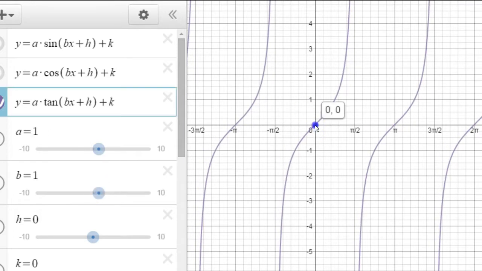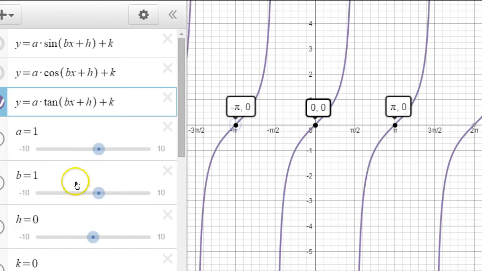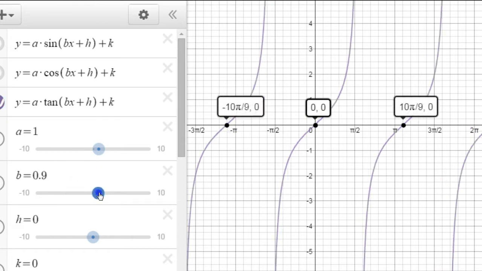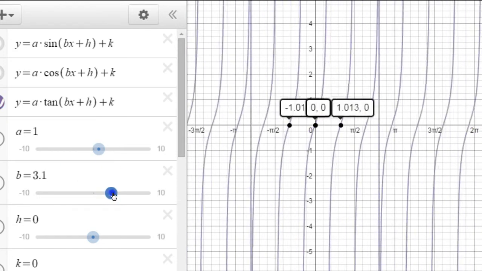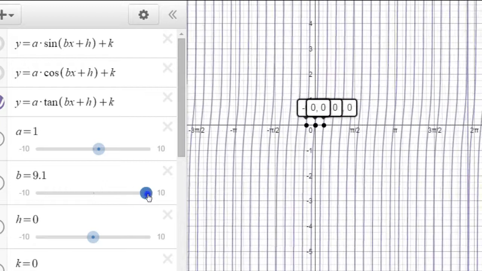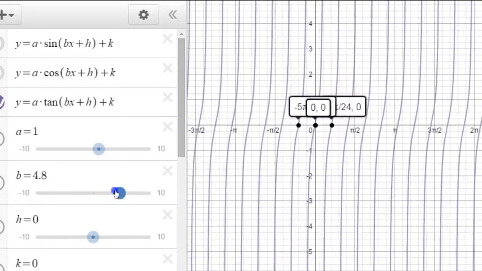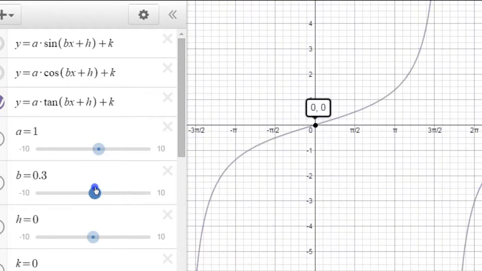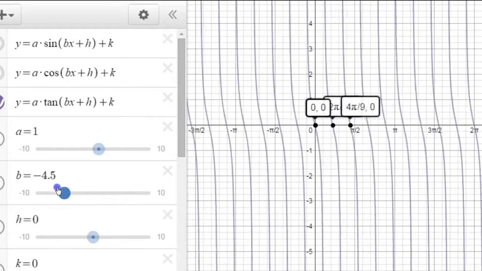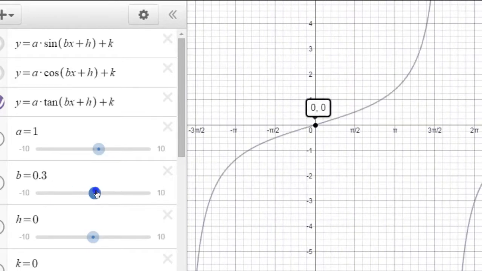Well, first off, let's look at the period for this. The period is going to be, instead of from 0 to 2 pi, from 0 to pi. So if I increase B, I'm going to definitely compress it, even more so than usual. The cool thing is if I make it negative, it will flip it over that direction.